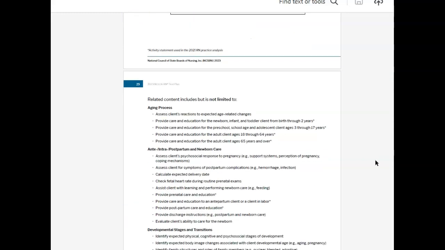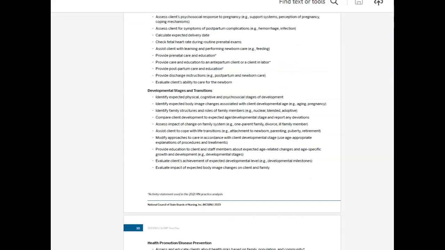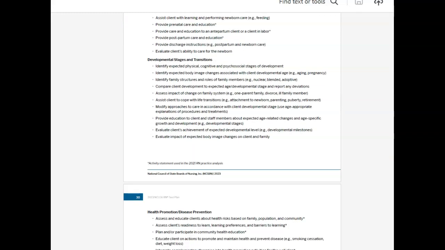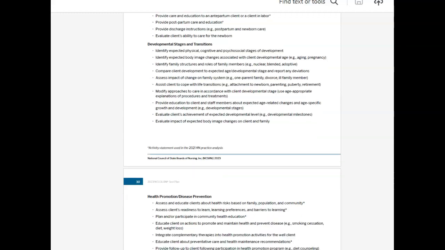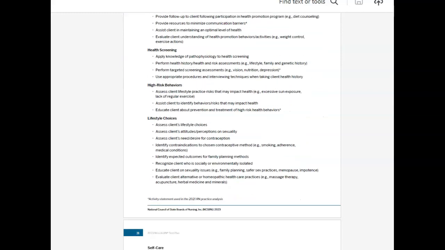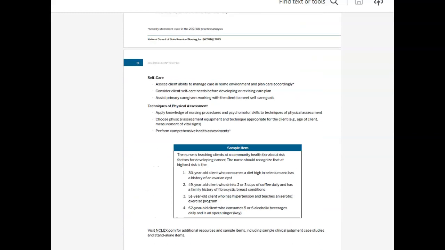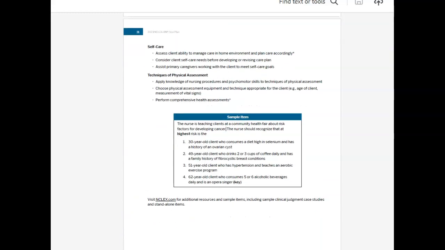So you're going to look at the aging process, intrapartum and postpartum, types of assessment, calculating expected delivery date is in that section. Developmental stages and transitions: at what age should they do this or that? What is expected at different parts of the lifespan? And then we're going to look at disease prevention, health screening, high-risk behaviors, and lifestyle choices such as smoking, drugs, alcohol, that sort of thing. Then self-care, techniques of physical assessment.